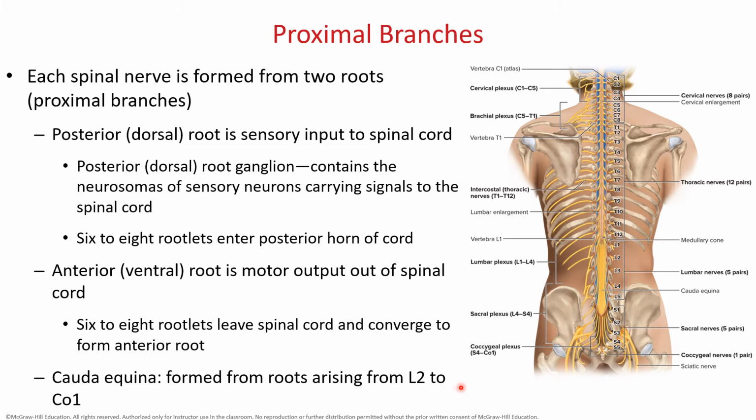So this is your cauda equina would be from your L2, so we go up to L2 right there, and then to coccygeal, that's the cauda equina. So cauda equina means the horse's tail. So right here, where it looks like this, this is referred to as the cauda equina.